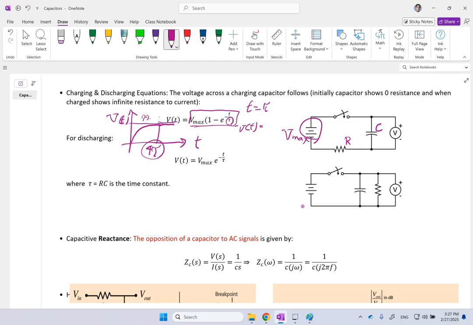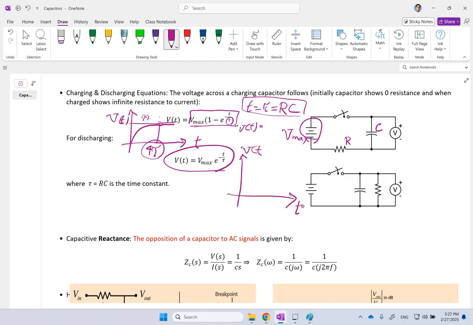And for the RC circuit, this tau is equal to R times C. So if you use a bigger R or bigger C, that increases the time constant and increases the time for the system to be charged. If you use a smaller R or a smaller C, you can get the capacitor to charge faster and also discharge faster, because the equation for discharging is an exponential decay, as you can see.